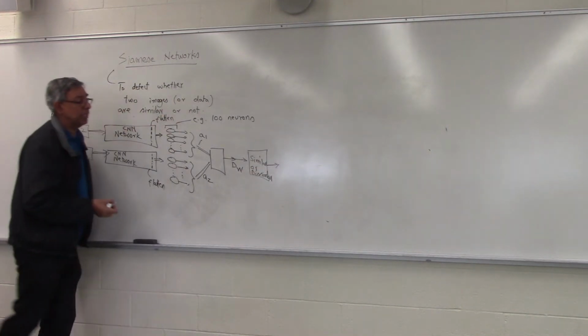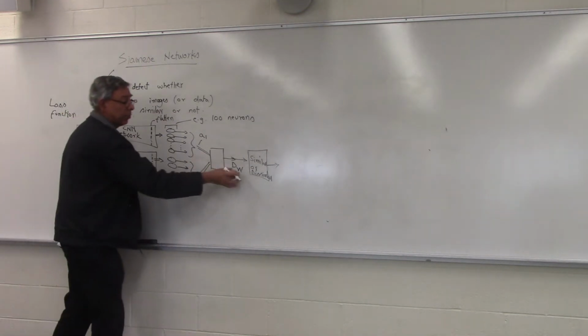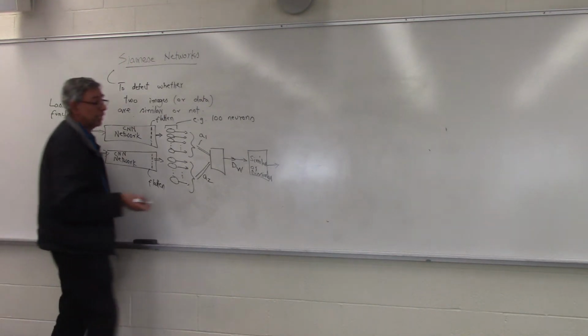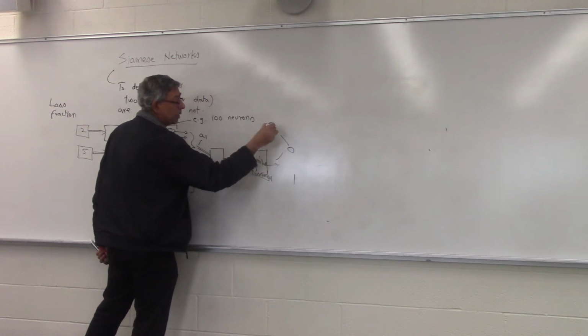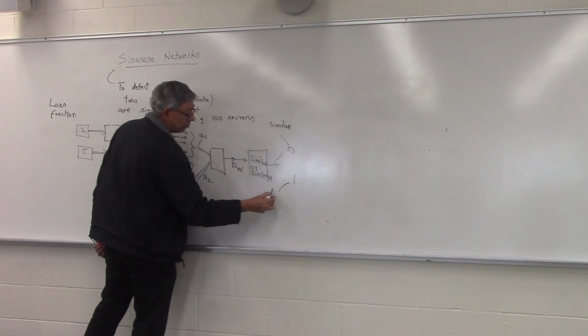Okay, so by taking a look at the distance, for example, we can put a threshold on it as an example. So for example, if it is less than 50, it's similar. If it's greater than 50, it's not similar, right? So the answer will be 0 or 1, 0 for similar, and 1 for dissimilar.